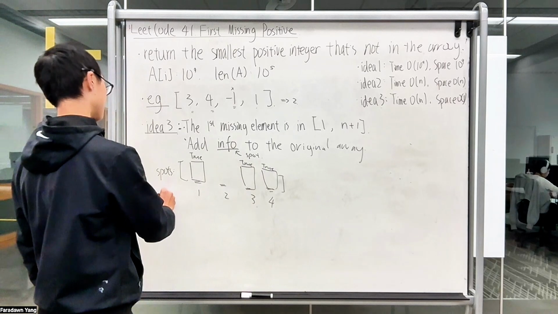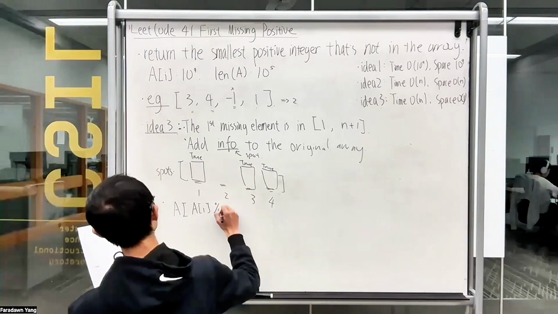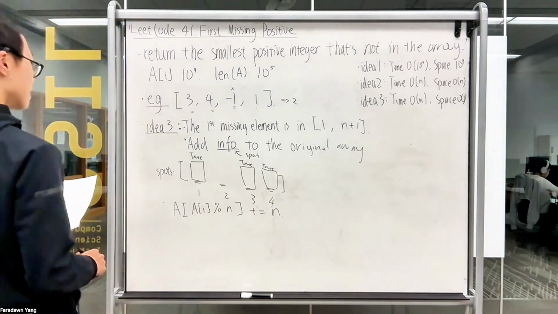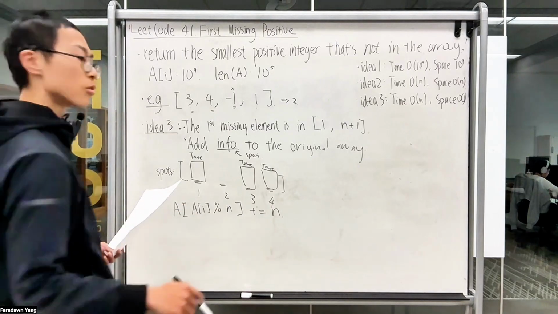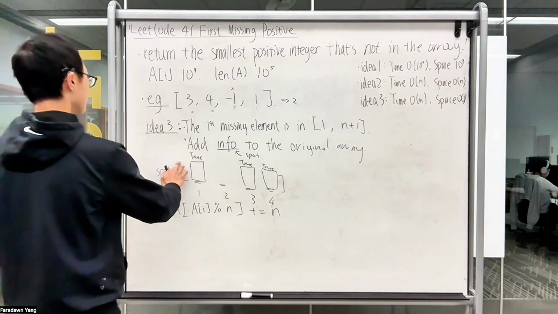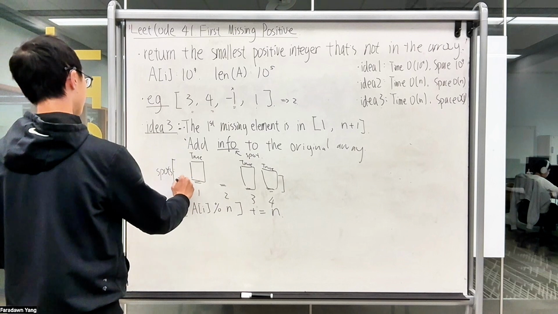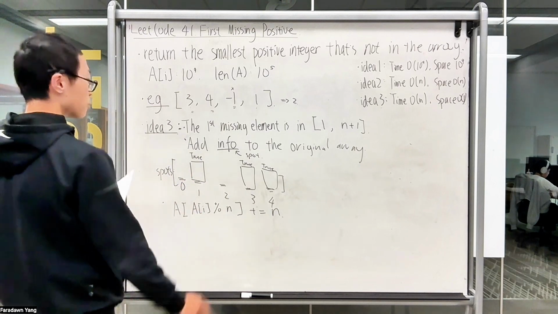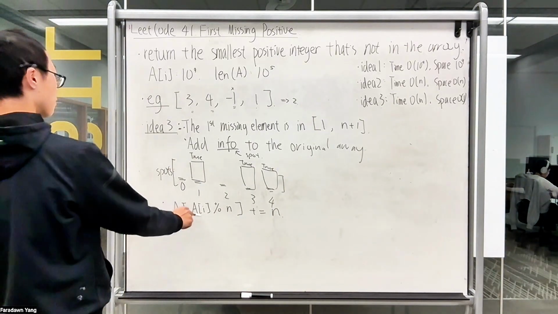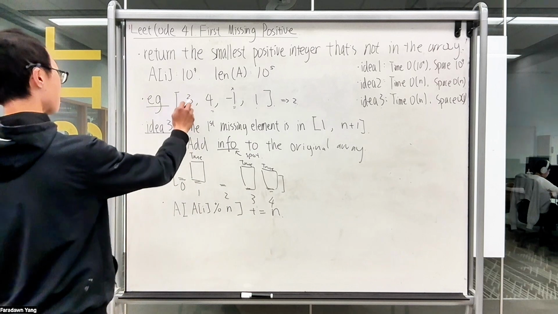Consider this trick. Let A[A[i] mod n] += n. What does that mean? Let's give an example, looping from the first to the last. To be more convenient, let us add a spot of 0 in the front so that the modular operation is clearer. At index 0, we have the element 3.